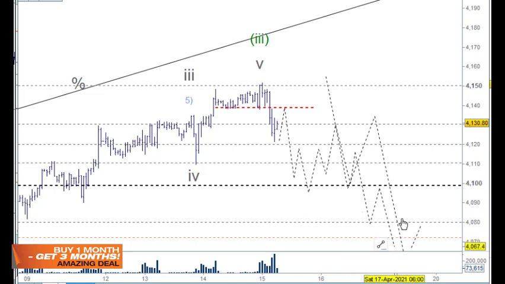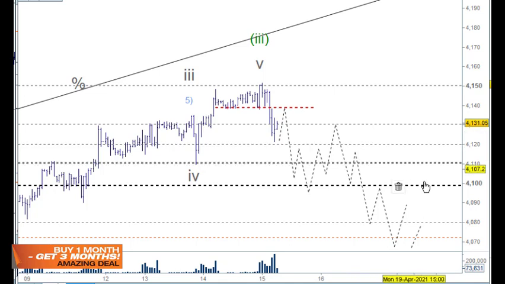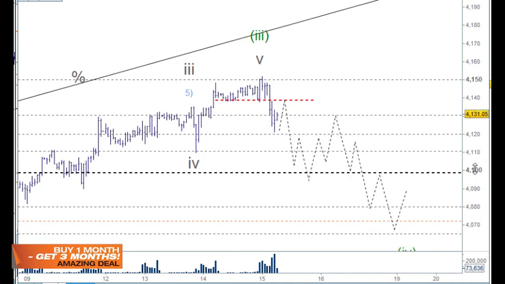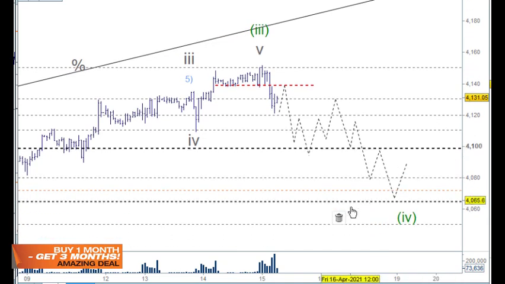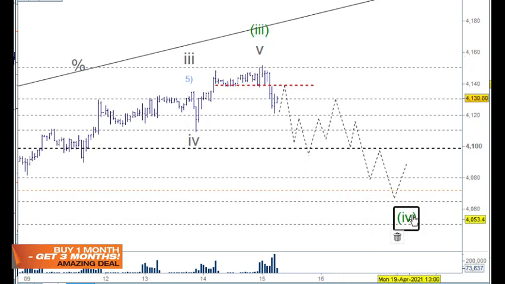So the thing is I've just done a simple zigzag correction, which is a 5-3-5 structure. That's normally what you get in a wave 2, but we're working with a wave 4.